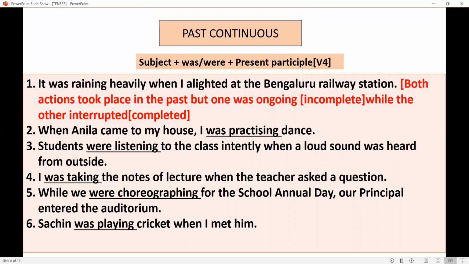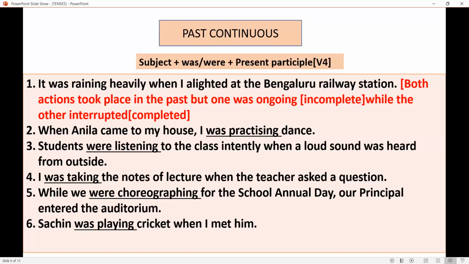So we use simple past tense there. Next one. Students were listening to the class intently when a loud sound was heard from outside. So the ongoing action was students were listening to the class. The action happened was a loud sound was heard.